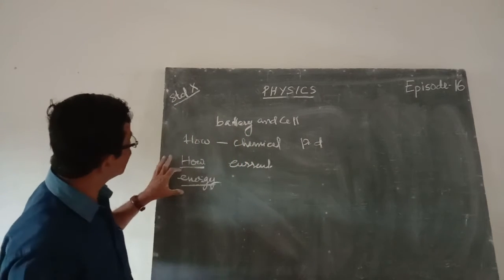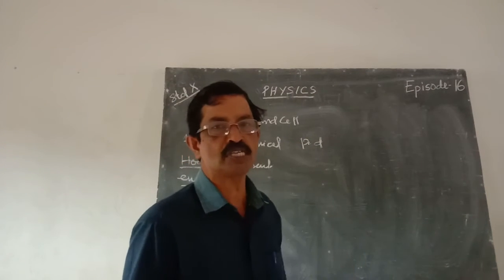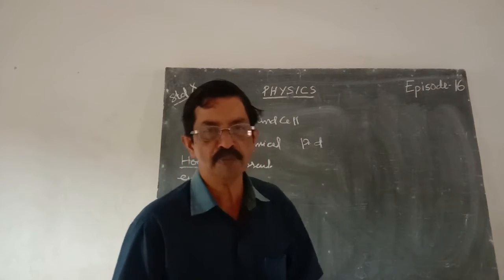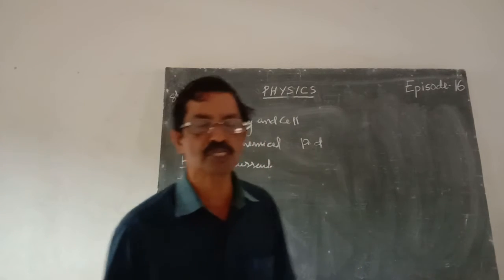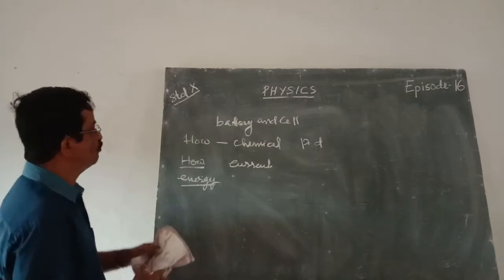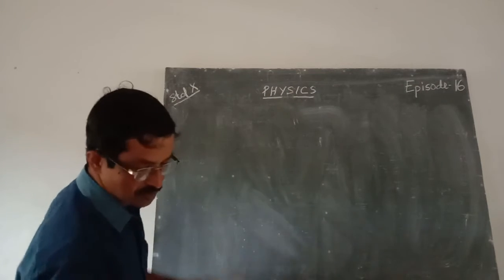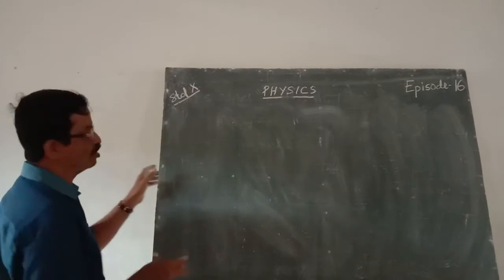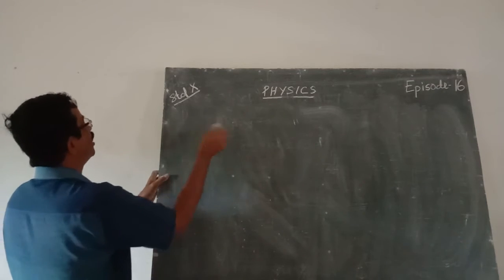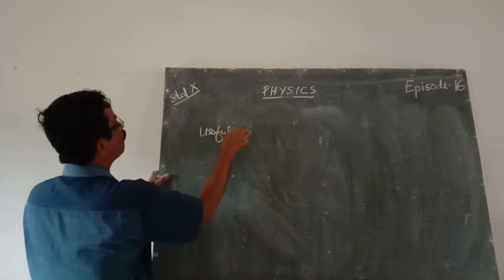When the electric current flows through the circuit, a part of the electrical energy is used for doing useful work.